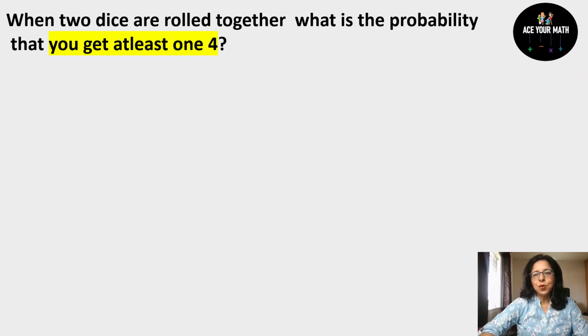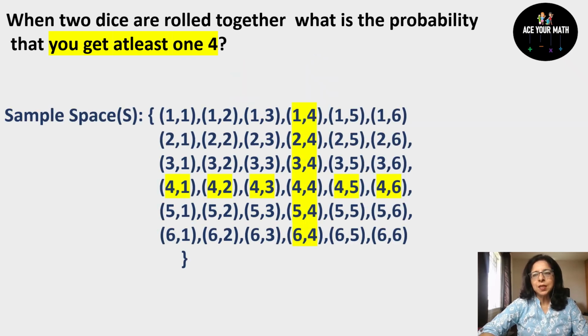Well, let's see one more question. When two dice are rolled together, what is the probability that you get at least one 4? So again, we are rolling two dice. We know how many outcomes there will be. There will be total 36 outcomes. So the first step is always to write your sample space. Now you're looking for at least one 4.